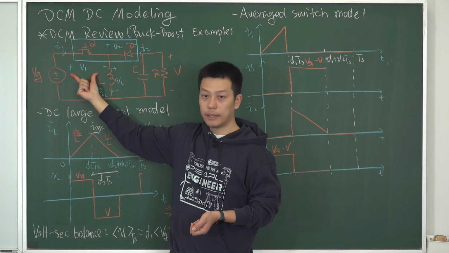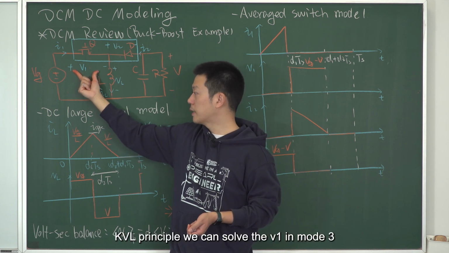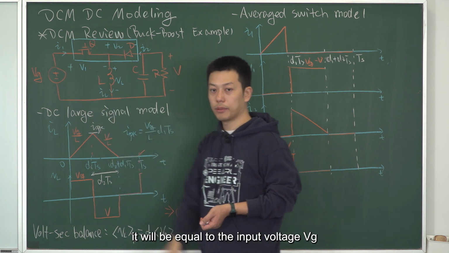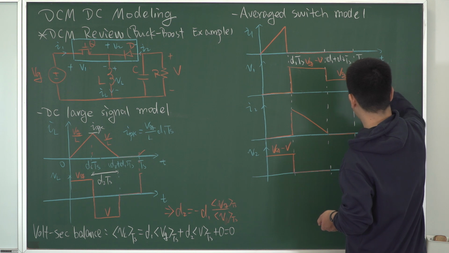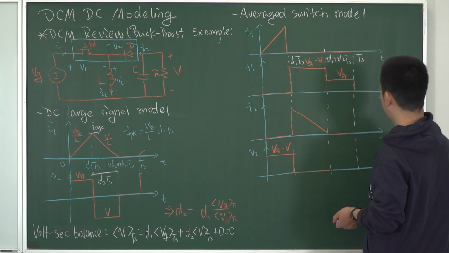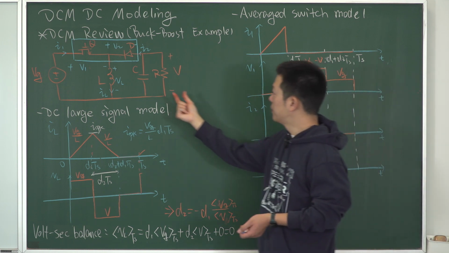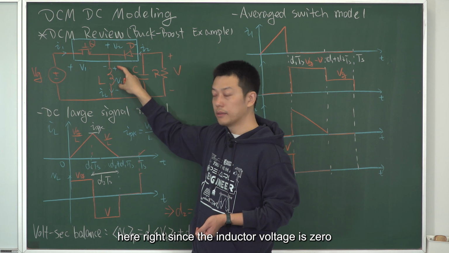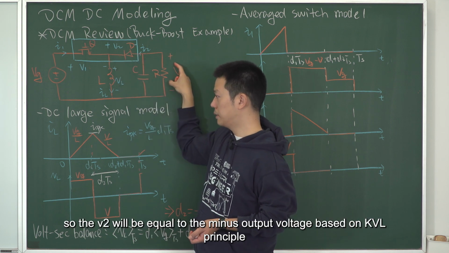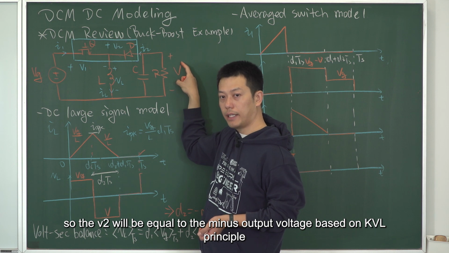So based on the KVL principle, we can solve V1 in mode 3. It will be equal to the input voltage Vg. And V2 is here, right? Since the inductor voltage is 0, V2 will be equal to minus the output voltage based on the KVL principle.